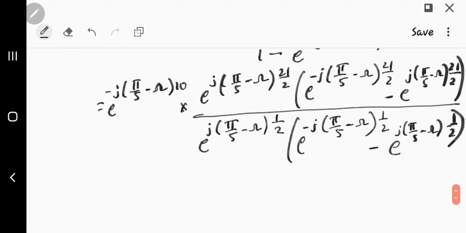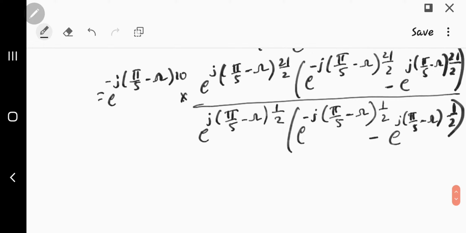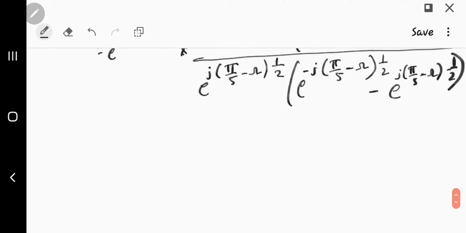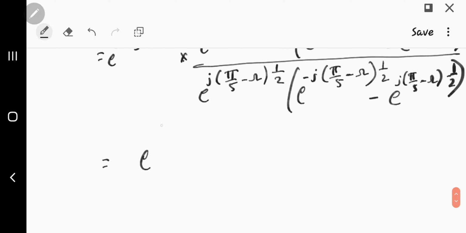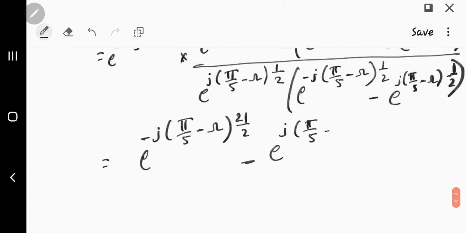If you continue this further simplification, you get cancelled. You get e power minus j pi by 5 minus omega 2 1 by 2 minus e power j pi by 5 minus omega 2 1 by 2 whole divided by 2.